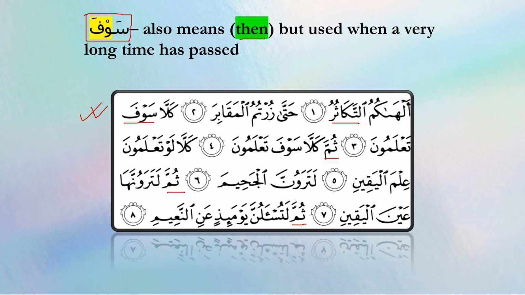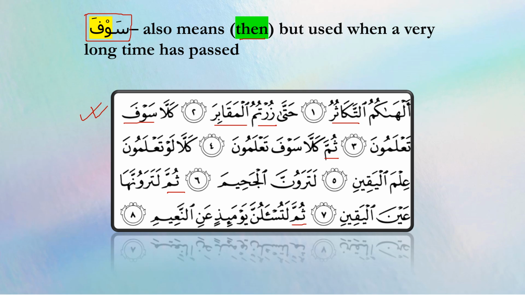Hatta zurtumul maqabir. He's so busy that he doesn't stop achieving worldly affairs until he visits his grave. Zurtum means visit, maqabir, the place of graves. That means until he dies, he doesn't stop worldly affairs.